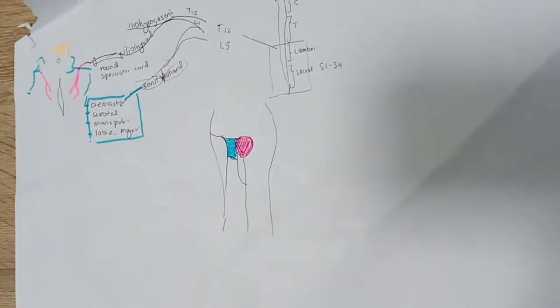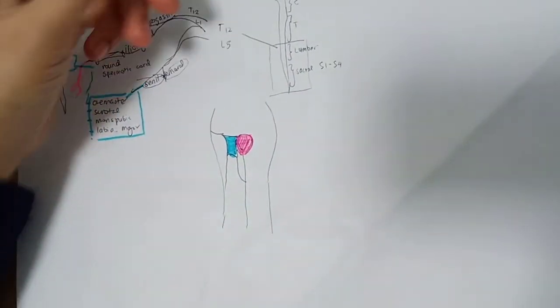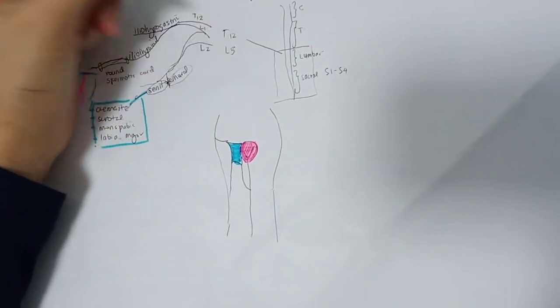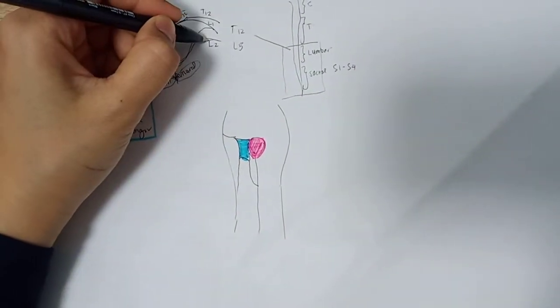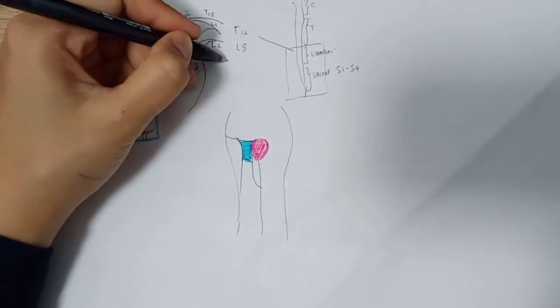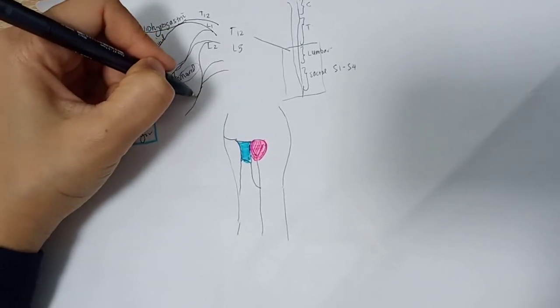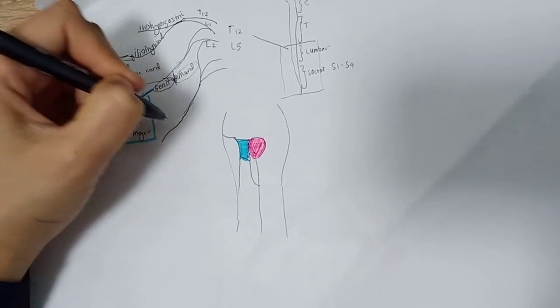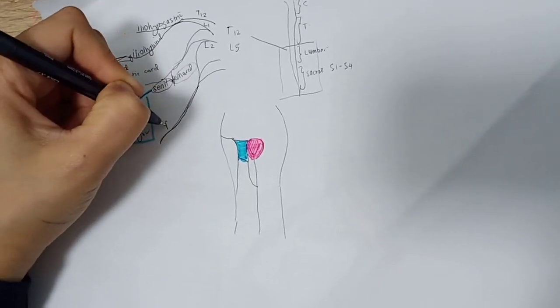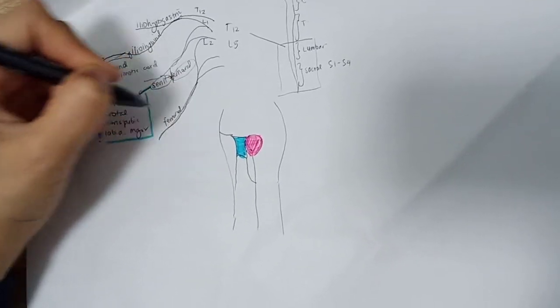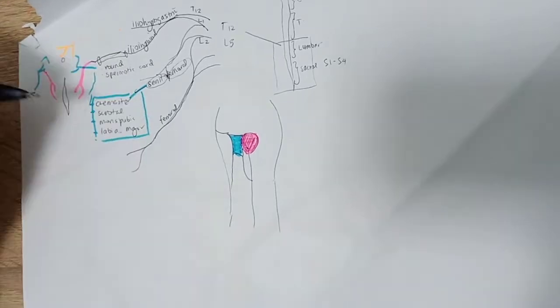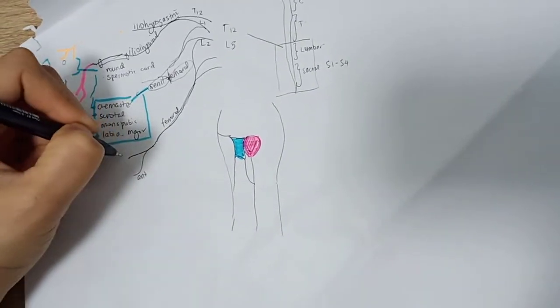And after that, what we have, this is L1 and L2. So after that, we have L2, L3, and L4. So L2, L3, L4 basically will give rise to the femoral nerves, which will divide into anterior and posterior.